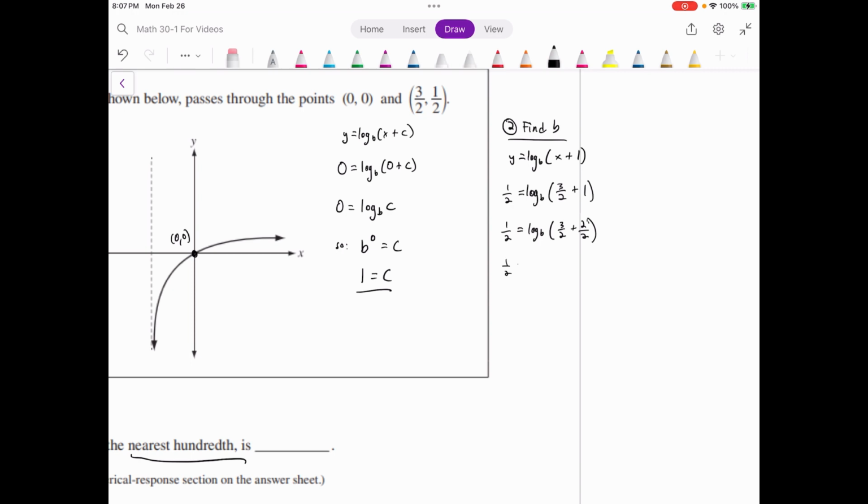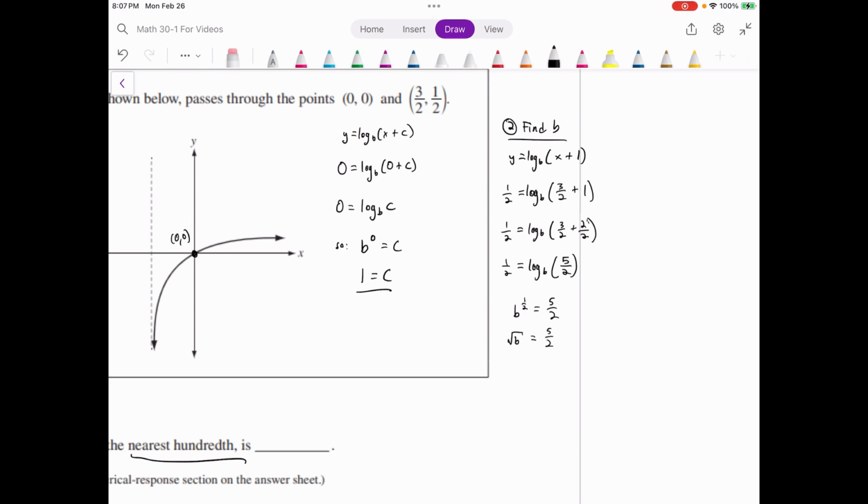So 1/2 equals log base b of 5/2. And then look at this. What's this saying? b to the power of 1/2 equals 5/2. And what's b to the 1/2? Well, we know that's just the square root of b. In other words, the square root of b is 5/2.